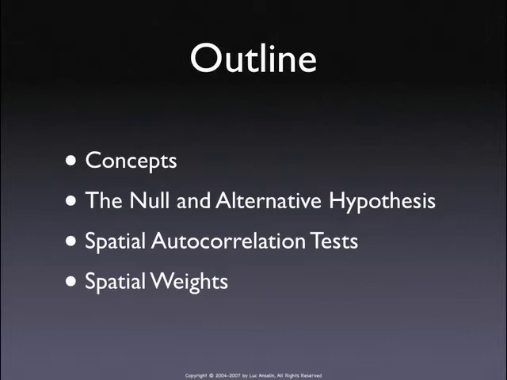First, fairly conceptually, what is a spatial autocorrelation test? There are many different spatial autocorrelation tests, but they all have things in common. What is it that they have in common? That's what we'll deal with here. And then I'll spend a little bit of time on an important concept that makes it all work, the concept of spatial weights.